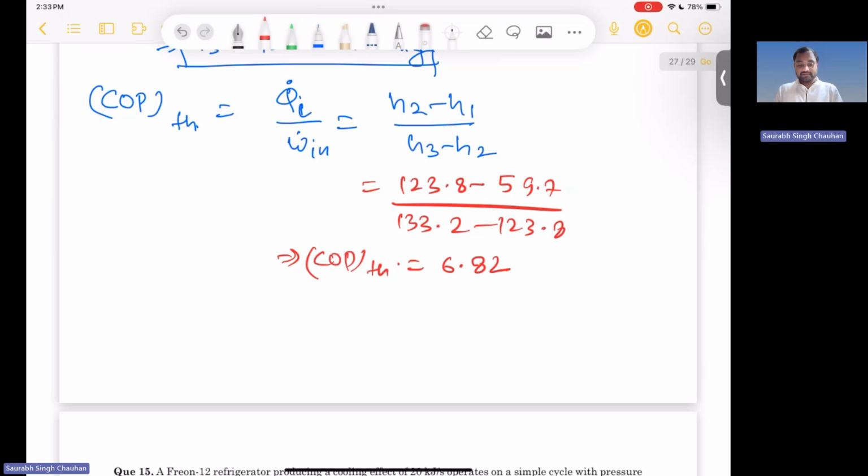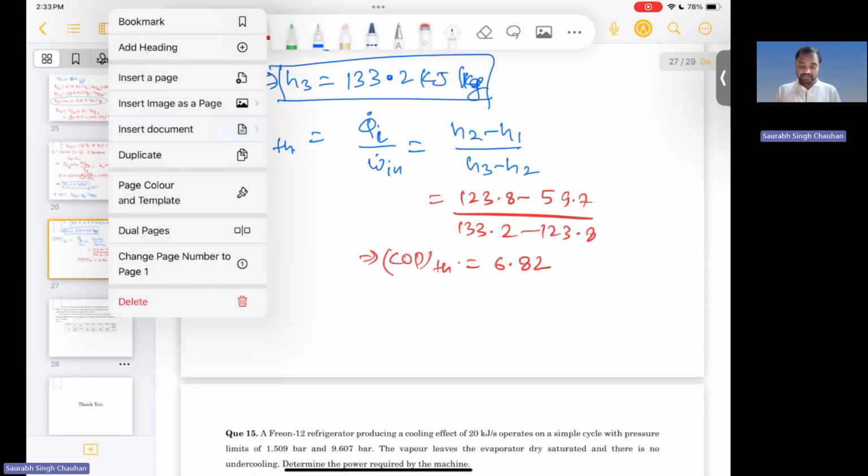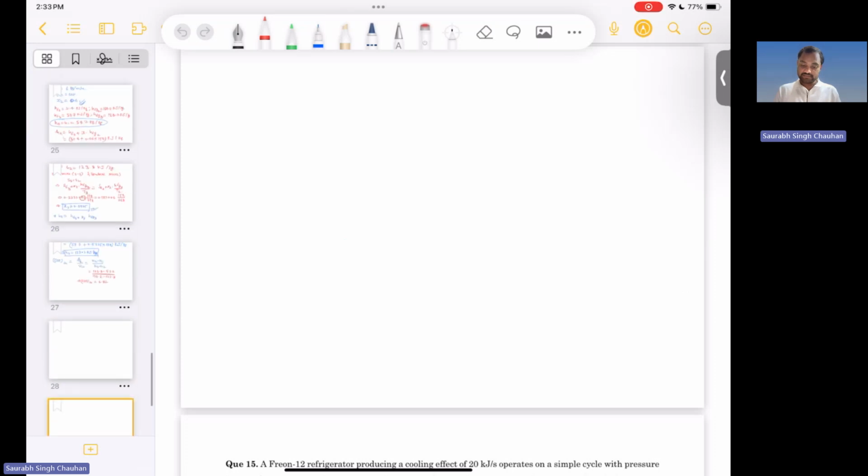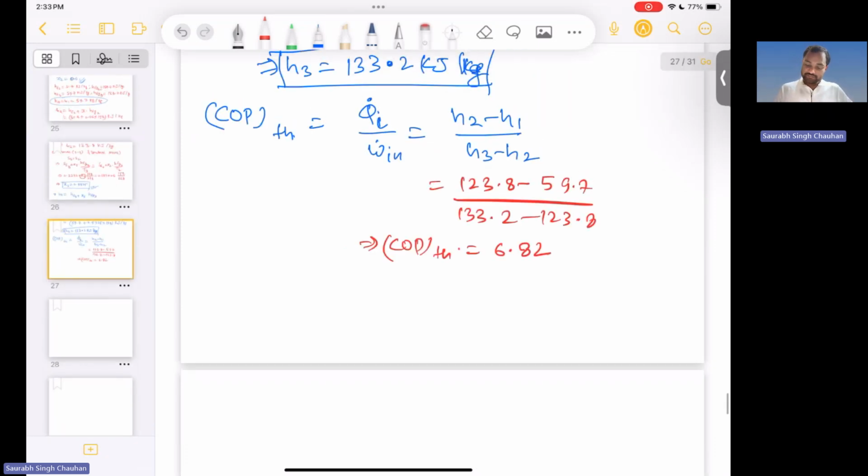In the question, it was given that the relative efficiency is 50%. So the actual COP will be the relative efficiency multiplied by the theoretical value of COP.